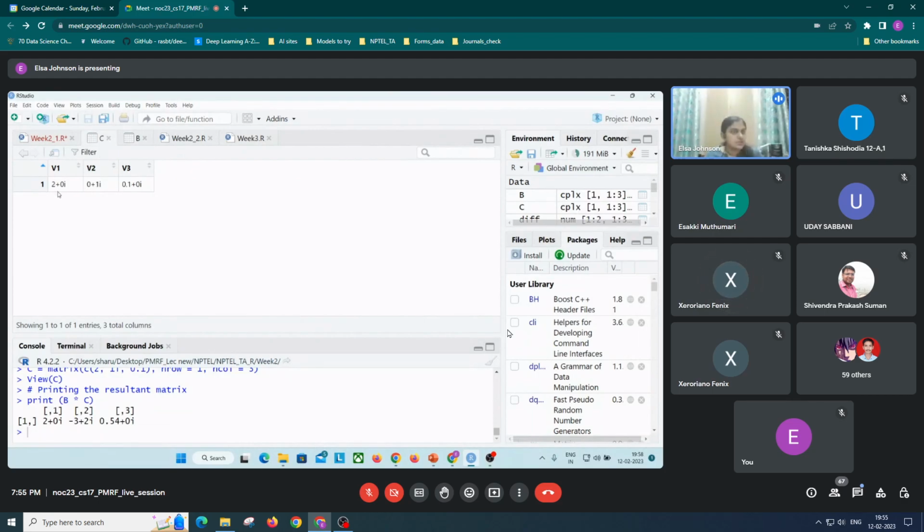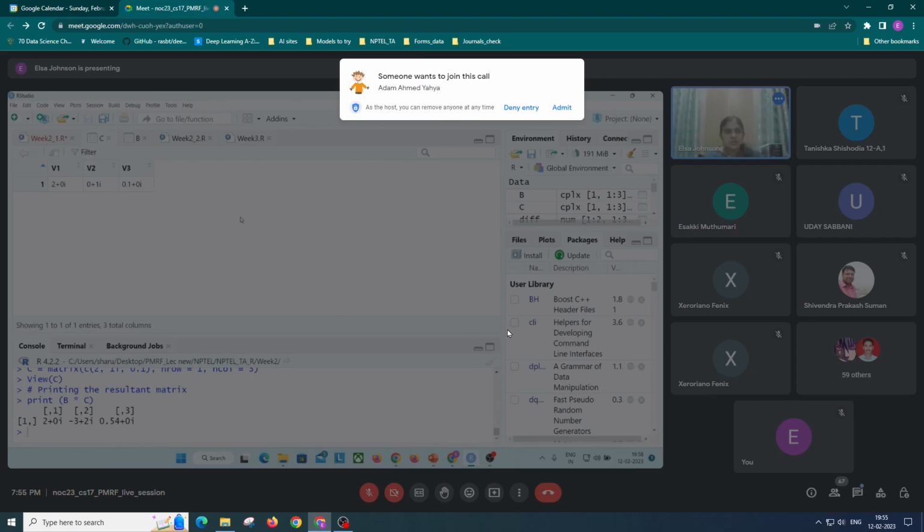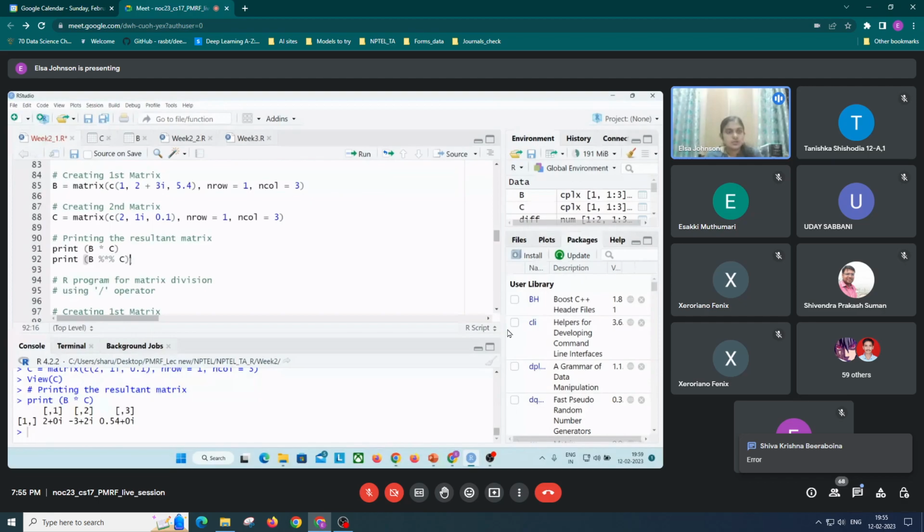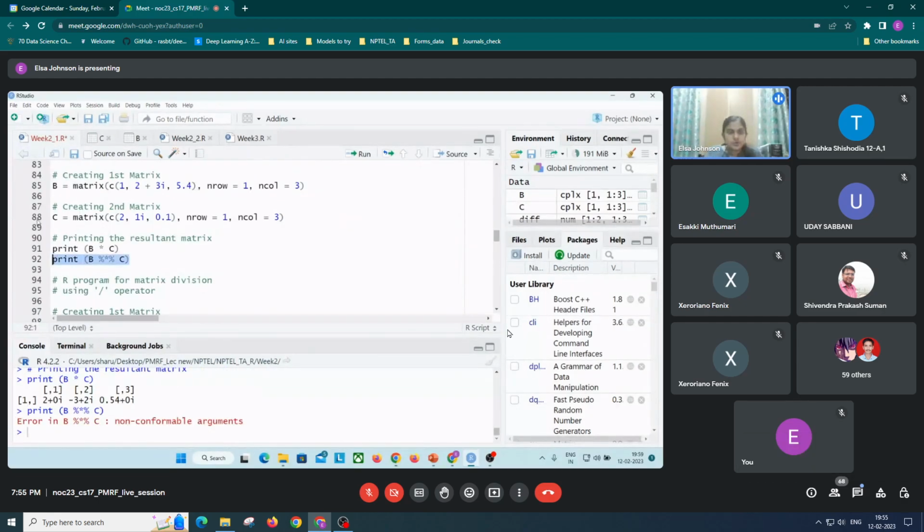And this is also 1 cross 3. If you multiply 1 cross 3 with 1 cross 3, is it okay for matrix multiplication? No, ma'am, it won't be okay. It will show you an error. The error will be non-conformable arguments.